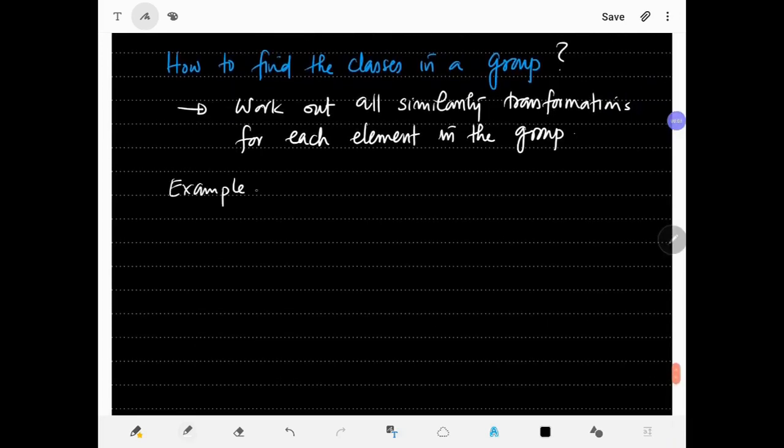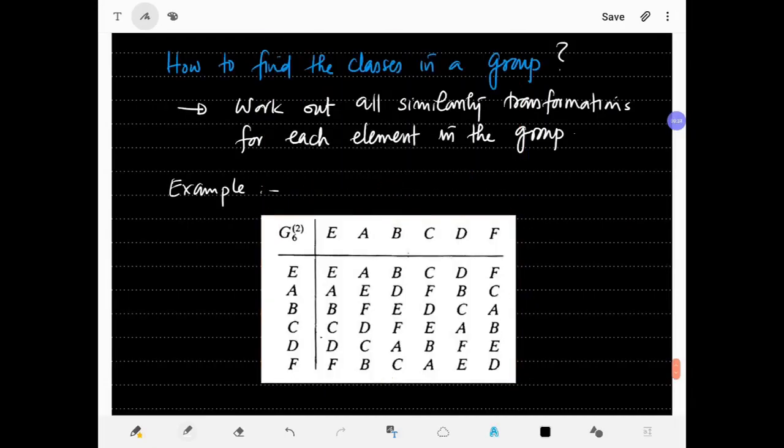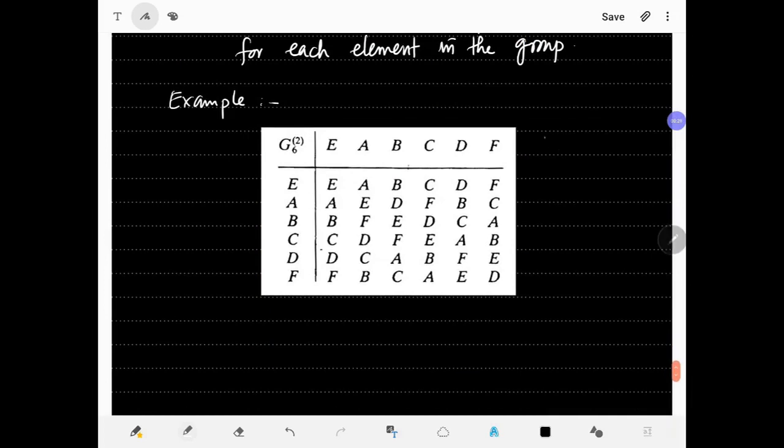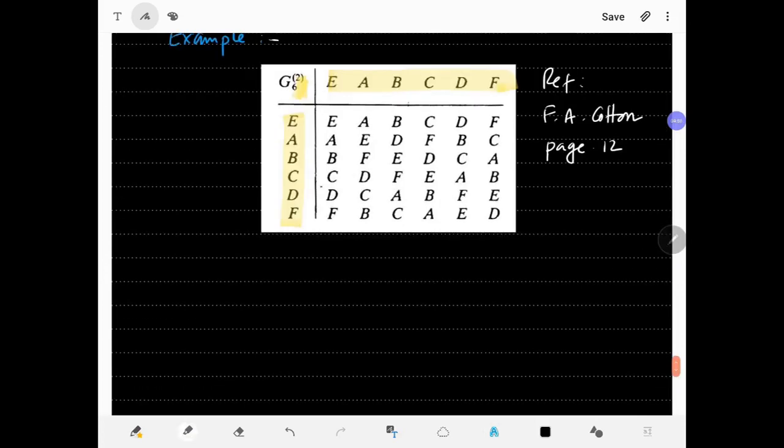Say for example, if I take an example of a group of order 6 with elements E, A, B, C, D, F, and this group multiplication table is taken from F.A. Cotton's book. Now we have the elements E, A, B, C, D and F.